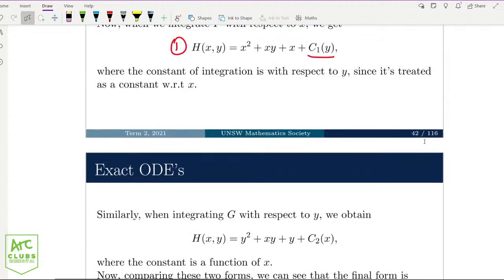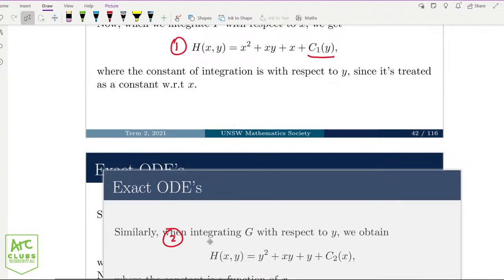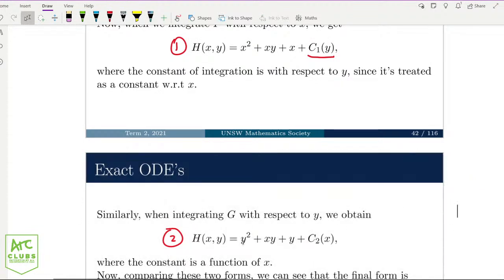Now that we have our expression number 1 and expression number 2, and both of them are equal to the function h, what we can do to get the actual solution to our ODE is to compare these two expressions. If we compare the first expression against the second expression, we are missing a y squared and also a y.